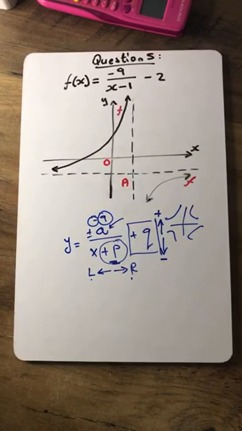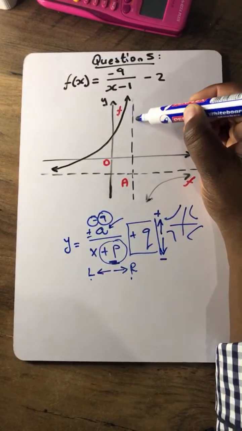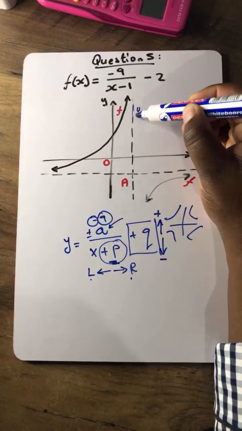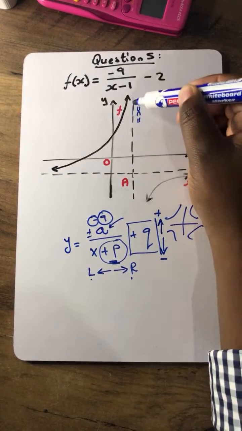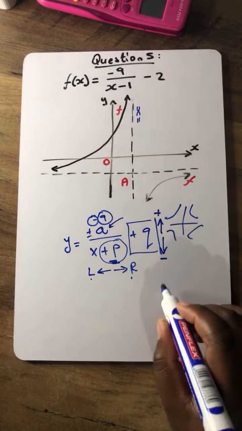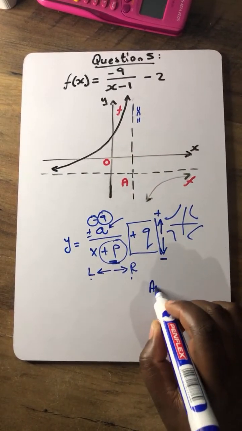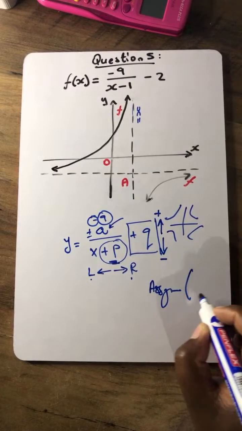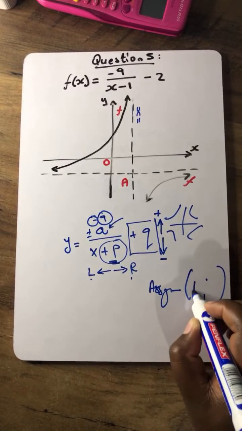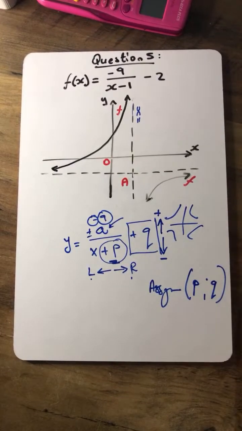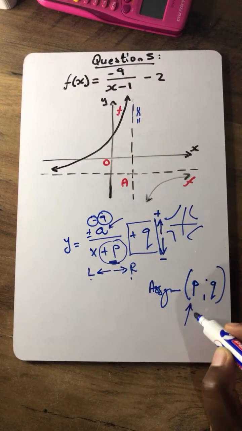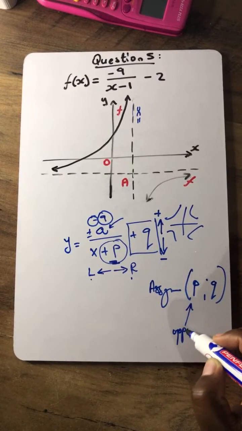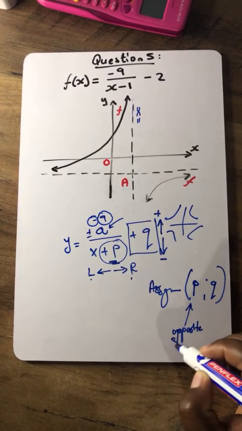So that would mean, honorable members, you already know the x value of that asymptote by just looking at that, because we said the coordinates of the asymptotes are actually P and Q. You need to remember that this P, you take it with its opposite sign.